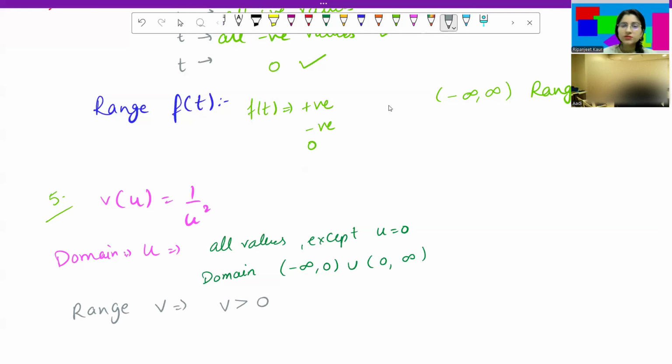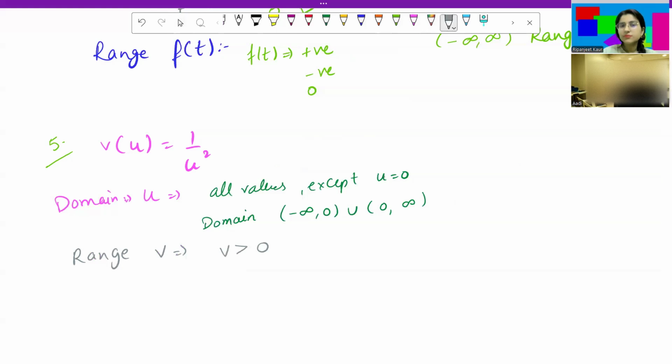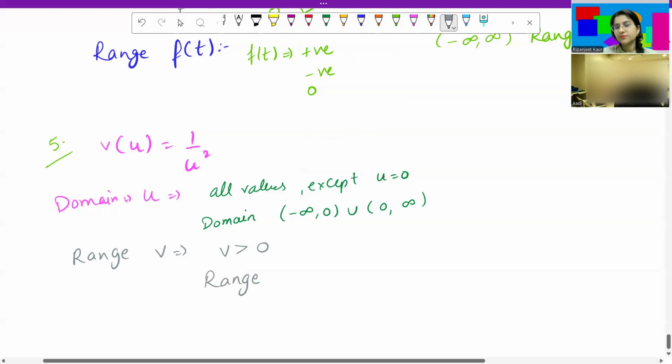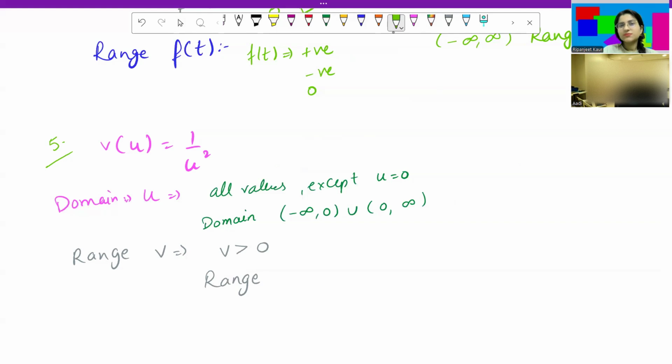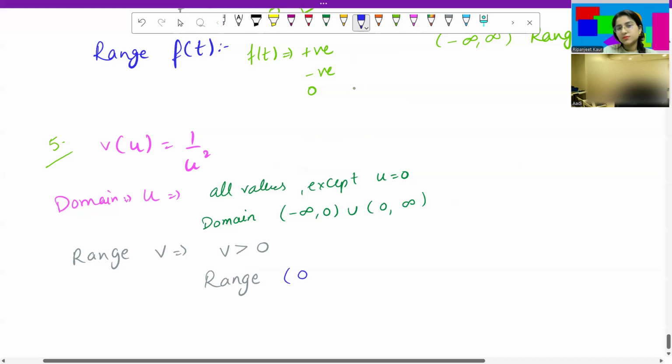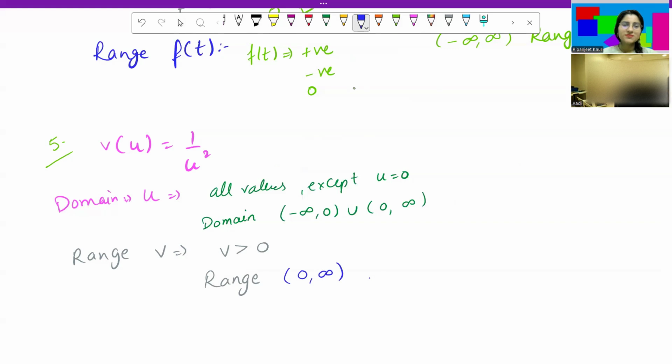No, because 1 divided by something is never equal to 0, and any real number squared is positive. So our range would be in parentheses 0 to infinity. You can check in your notebook if our answer is correct. That is correct. Great.